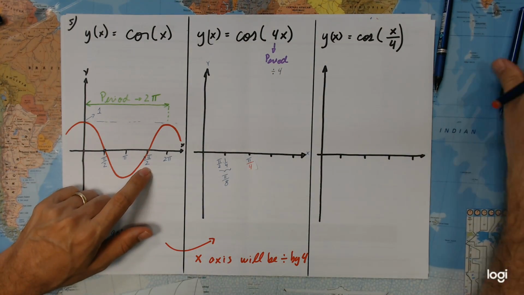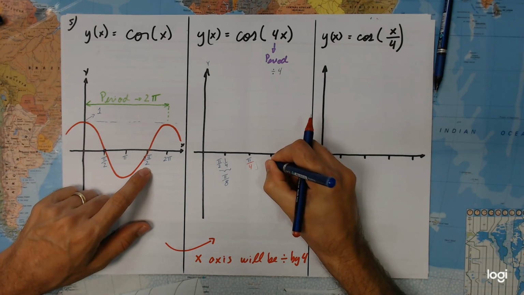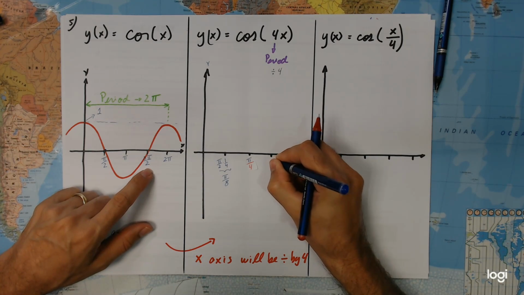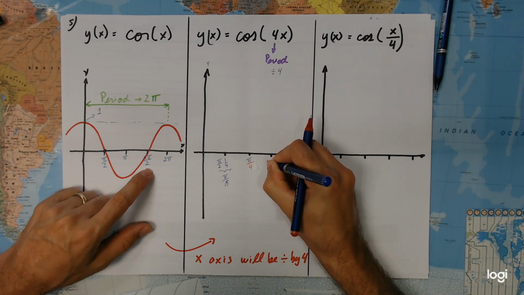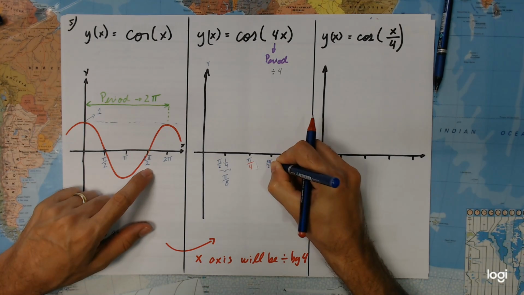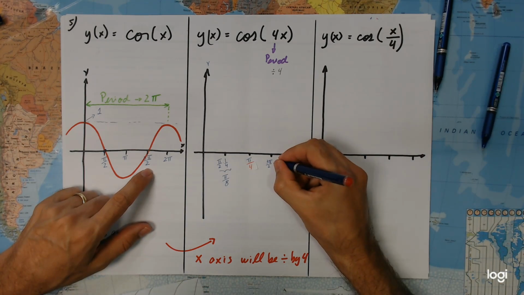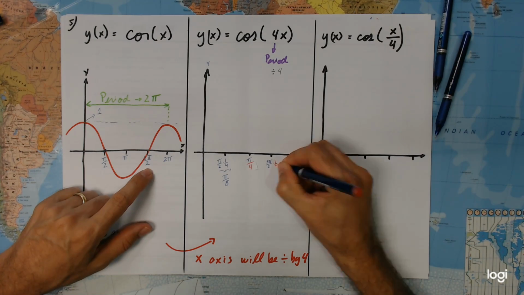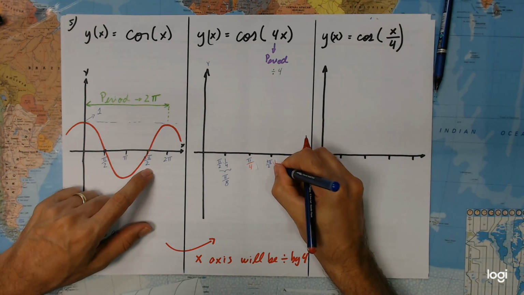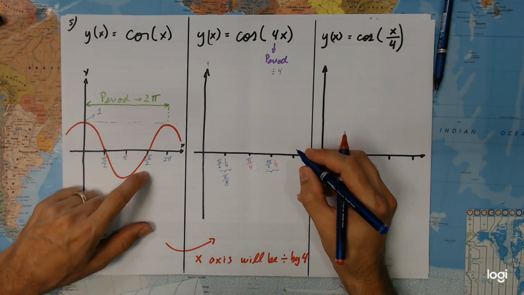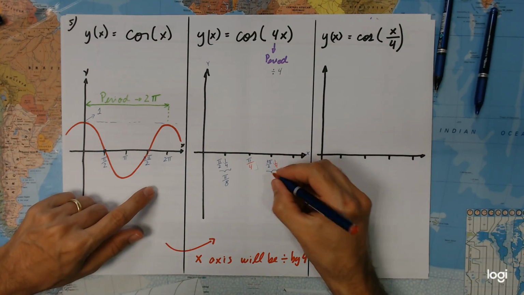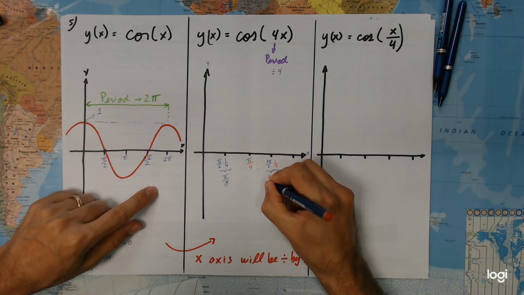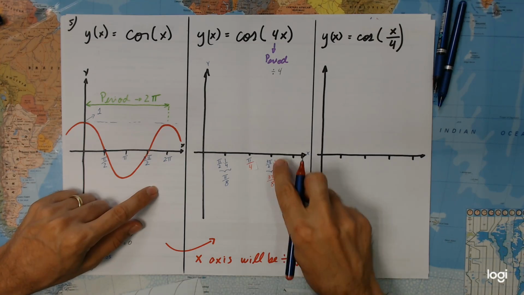Again, if this were 3 pi over 2, we are going to divide by 4. Now this is going to be 3 pi over 8. Okay, this new one.